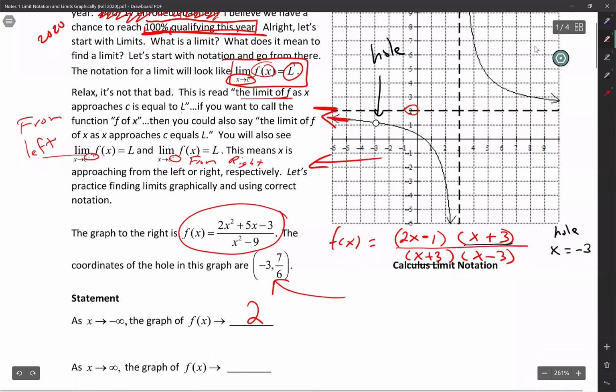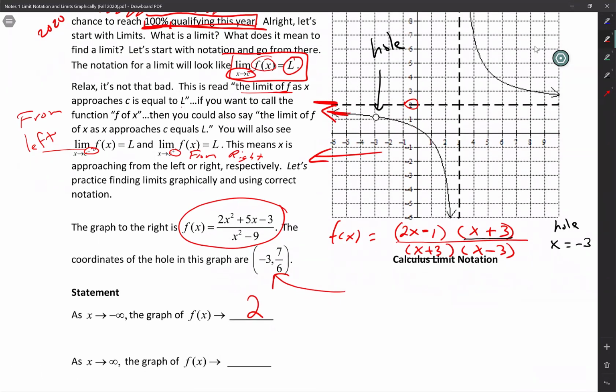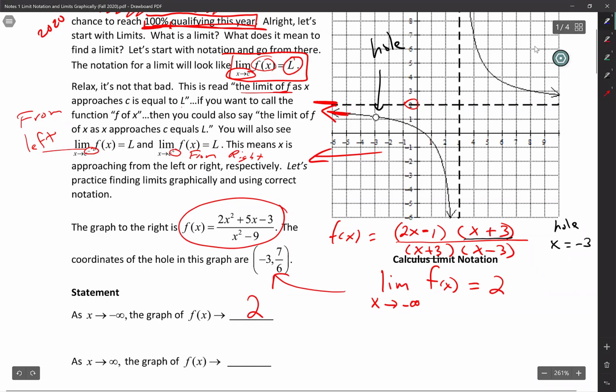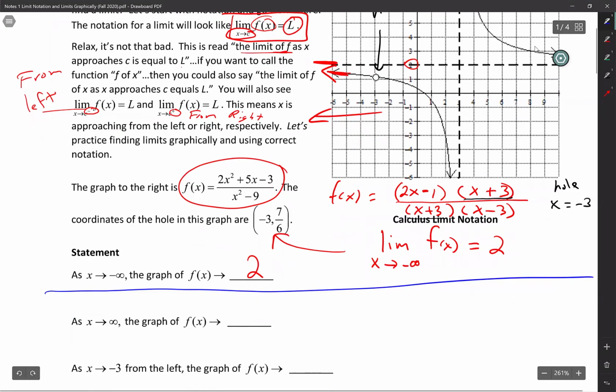And so how does this look in calculus limit notation? Like this, guys. The limit as x approaches negative infinity of this function f of x equals 2. And I'm going to change colors between red and black, between red and blue, so we know which one is which. I hope that made sense.